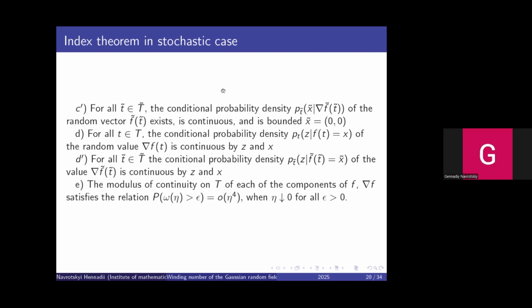So in our case, when the covariance function is just e to the power of minus u squared, it belongs to the Schwartz space on R2. Therefore we can apply this theorem.